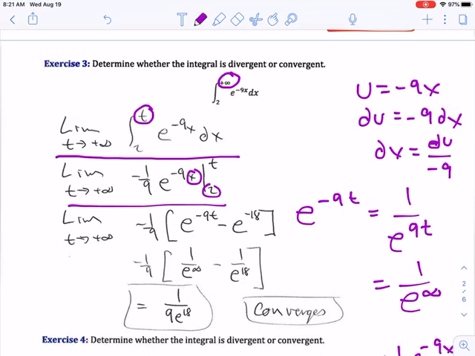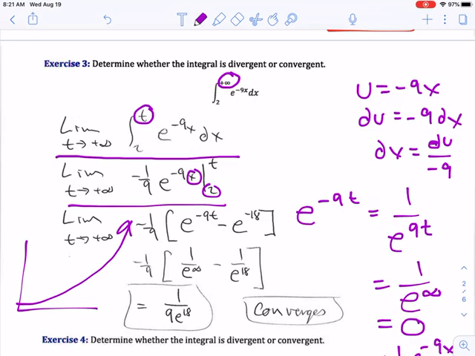Well, e to the infinity is getting infinitely large, because again, remember what the graph of e to the x looks like. It's getting infinitely large. So as the denominator is getting infinitely large, the entire fraction is approaching 0. As the denominator of a fraction gets larger and larger and the numerator stays the same, that entire fraction approaches 0.